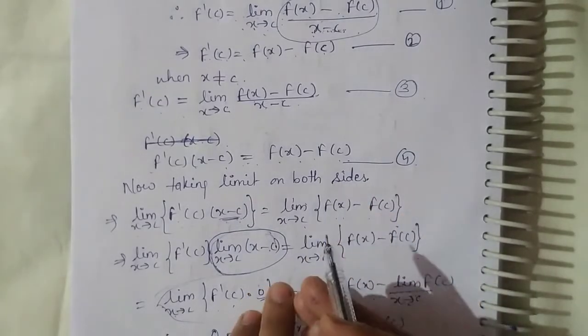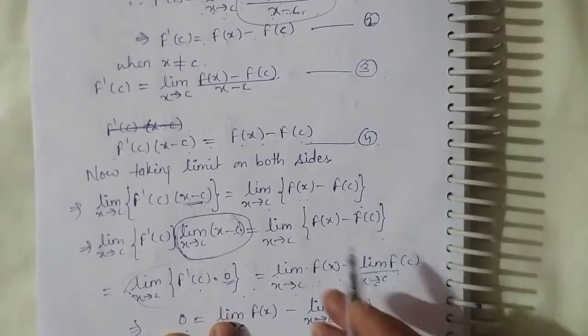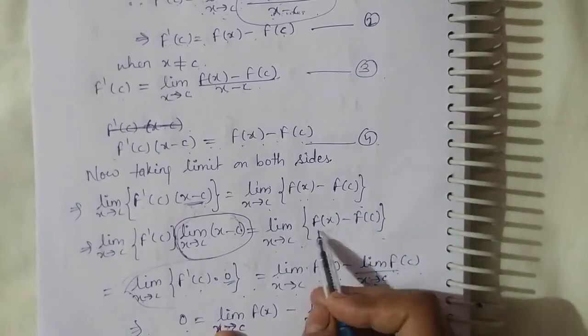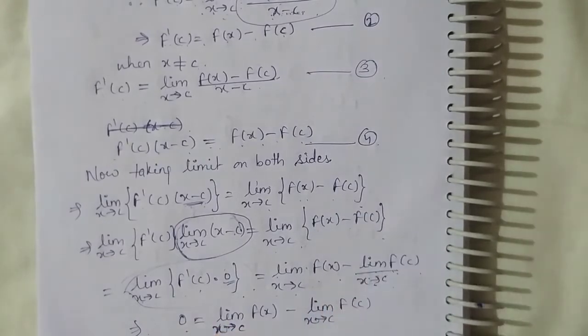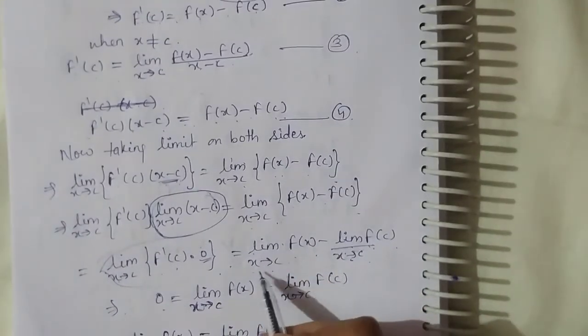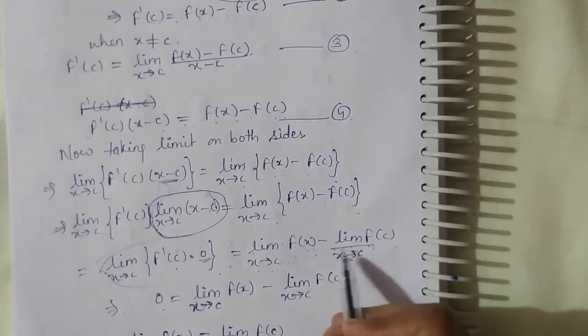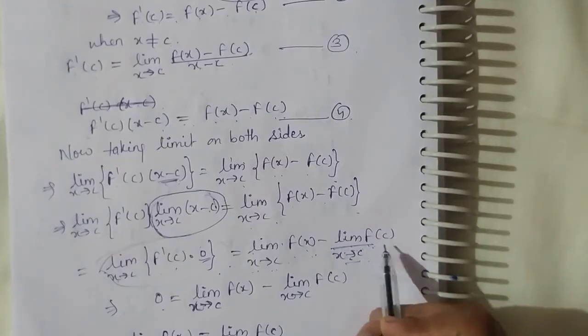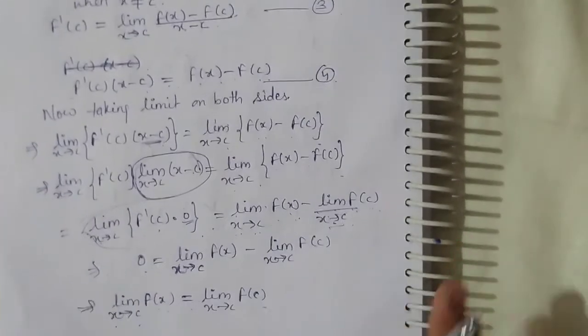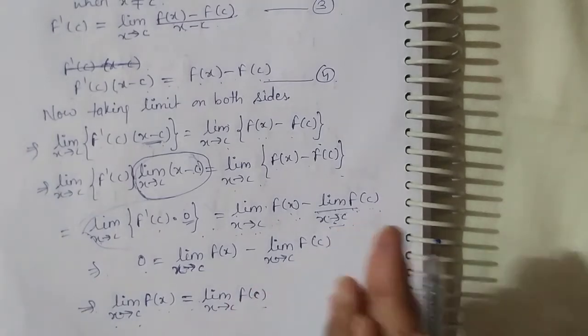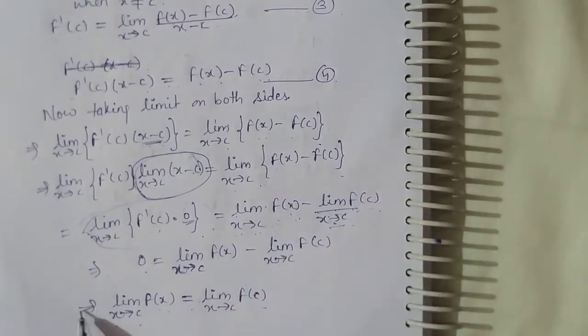Now the remaining term on the right hand side is limit x tends to c of f of x minus limit x tends to c of f of c. Now the negative term on the right hand side goes to the left hand side and becomes positive.